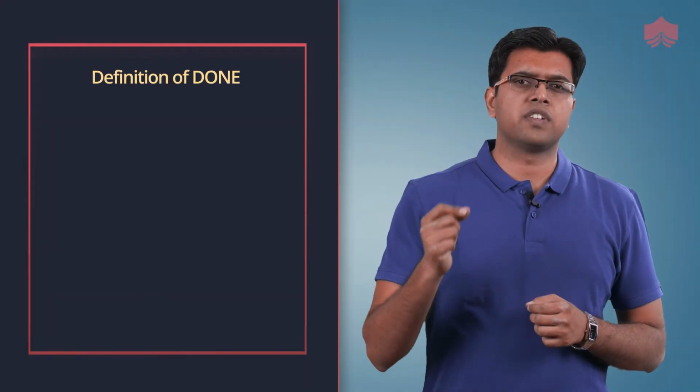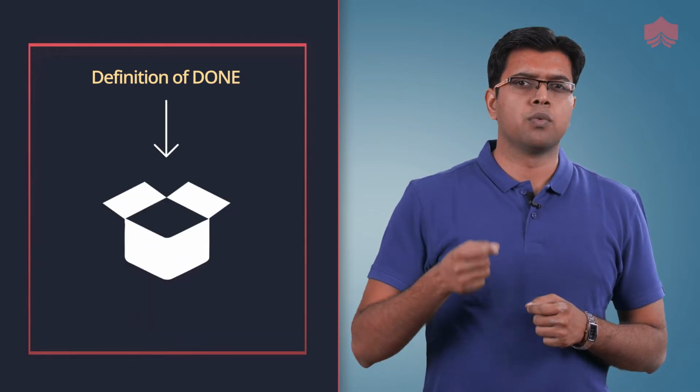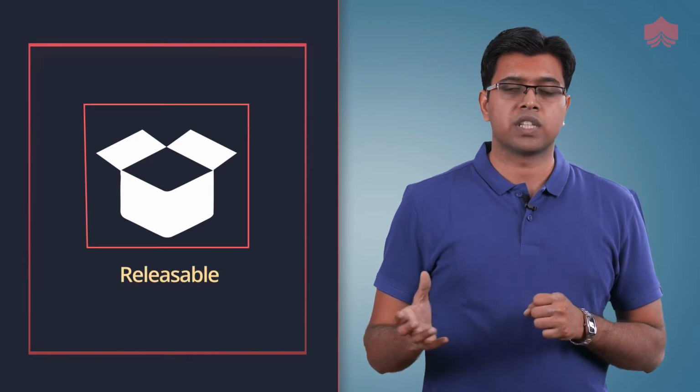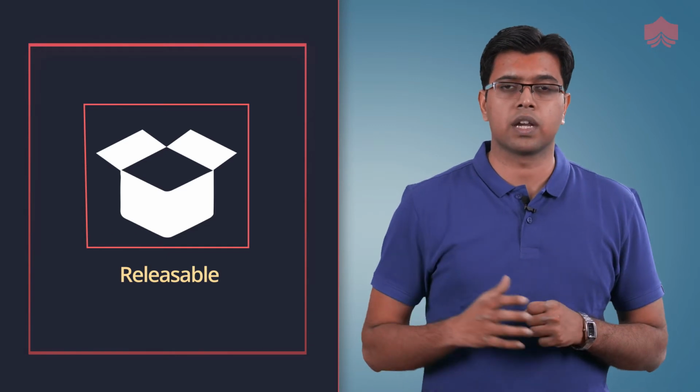Now, if we have a definition of done, one might consider that we have a definition of ready as well. But the Scrum guide does not provide any such artifact. Now, why is that? You see, the definition of done is applicable to an increment. It does not matter what you build, the increment is always one product that is releasable. So there's a standard associated with the increment, which is just one type of product that's going out.